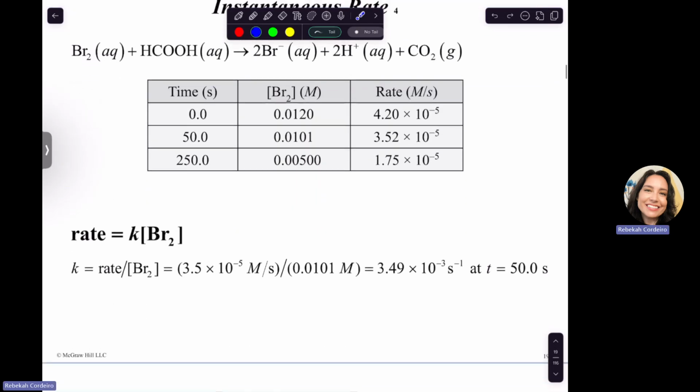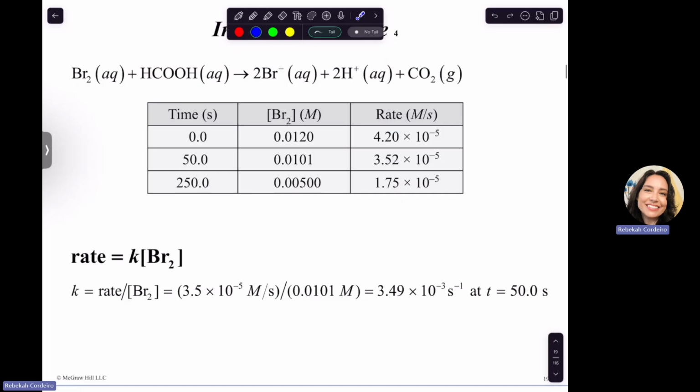So how could we figure out this instantaneous rate? If we know the rate law, we can plug it in to find the rate constant, which helps us find the rate at any of the other points. The rate constant we can find by rearranging, and then we would take 1 point.